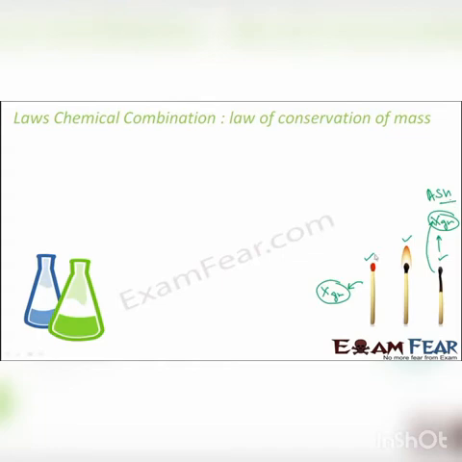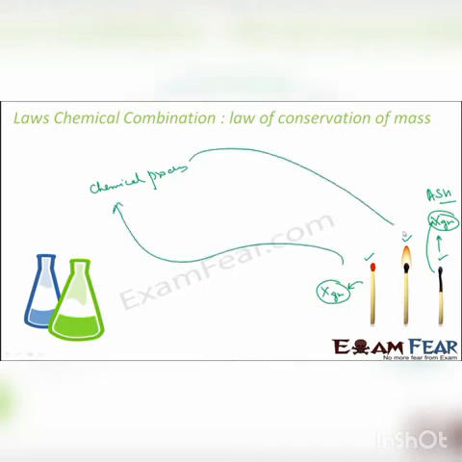And if you see, burning of a matchstick is nothing but a chemical process. Correct? So you had the matchstick, it went through a chemical process, it became ash, still the mass is same. Right?